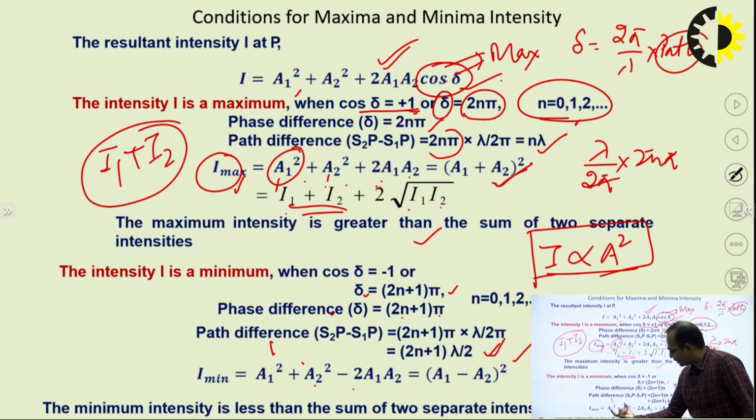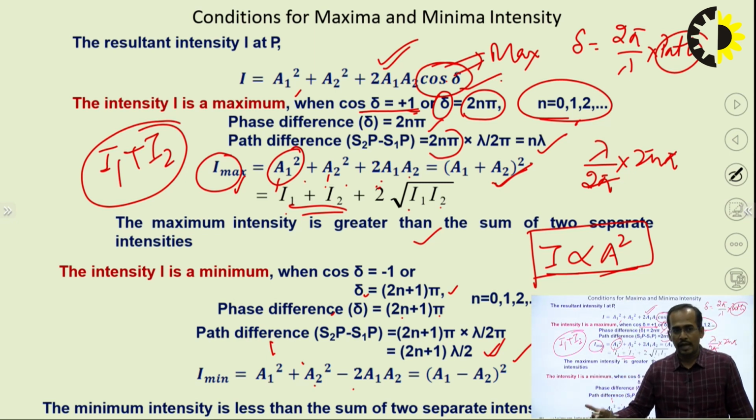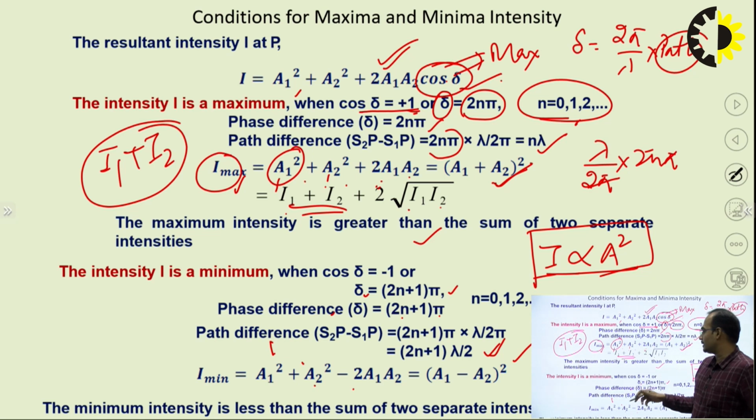So this I minimum is less than the summation of intensities of the individual waves. So you can say here I maximum is greater than the summation of intensities of the individual waves and I minimum is less than the summation of intensities of the individual waves. It means the summation of these intensities will lie between I minimum and I maximum.